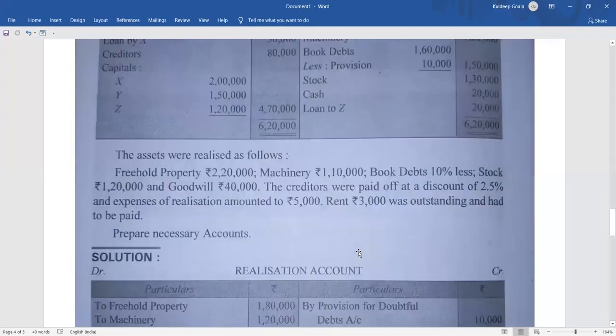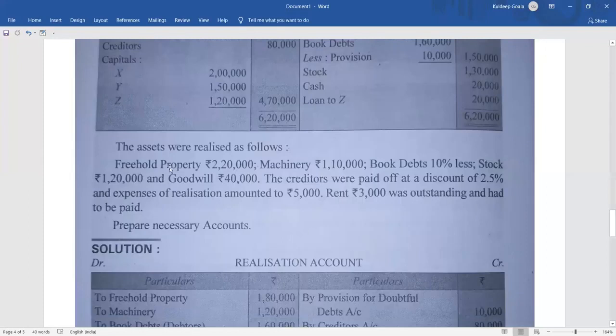So what is given in the adjustment? The assets were realized as follows. What you should do is give a quick study of the question, and once you have understood it, then we can go for transferring the assets. This adjustment and all, you can study thoroughly at the time of solving the sum.